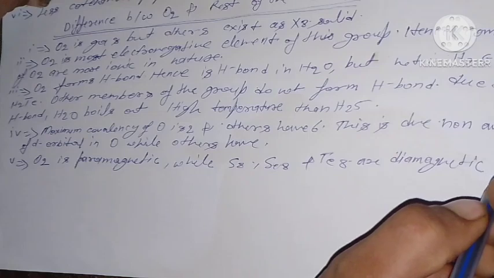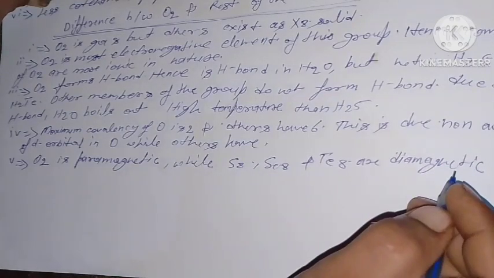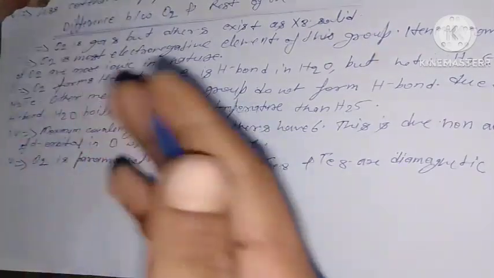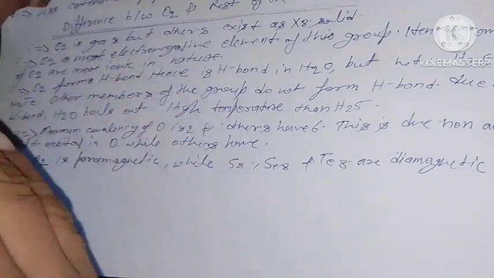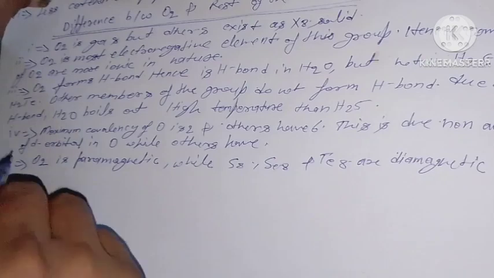The paramagnetic behavior of oxygen is due to presence of 2 unpaired electrons in oxygen molecules.